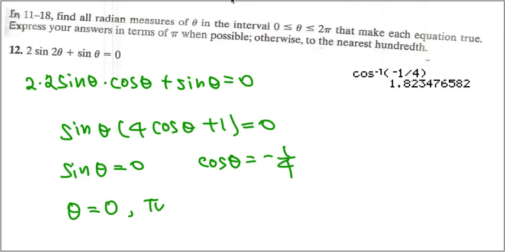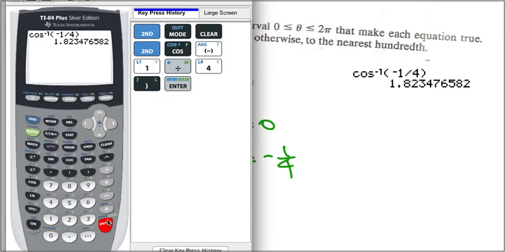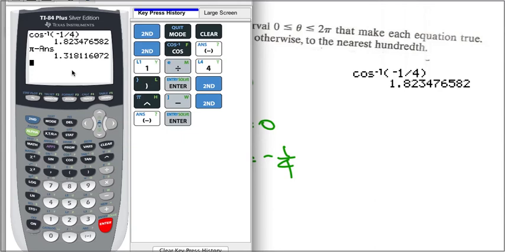So therefore, one value we can write is 1.82 to the nearest hundredth. But the reference angle will be simply pi minus the previous answer, which is 1.31. This becomes the reference angle.